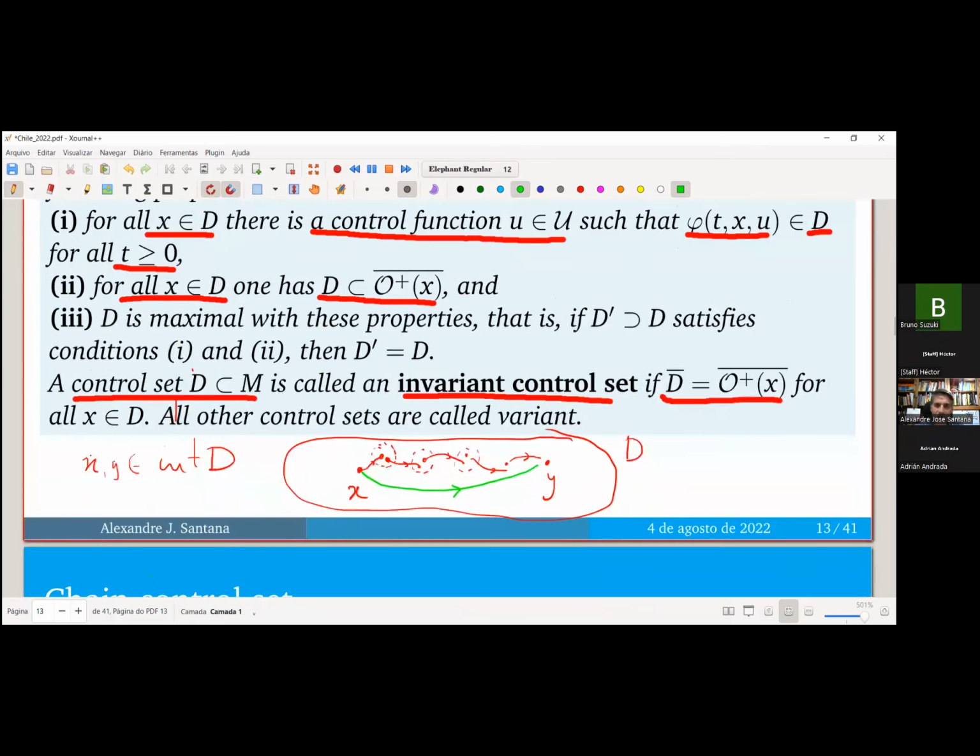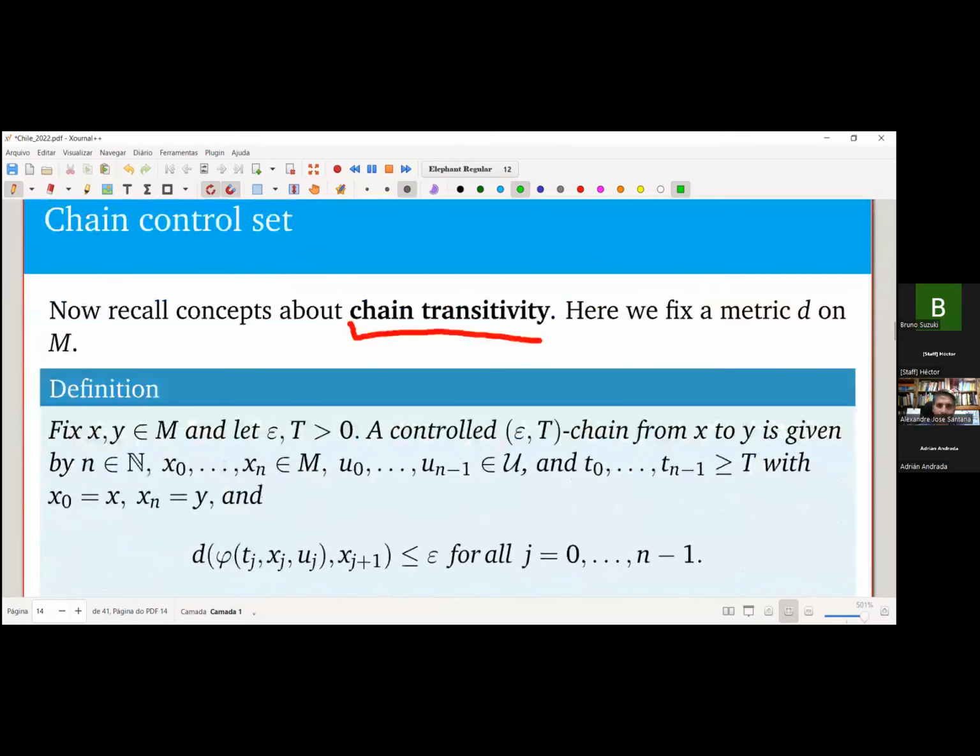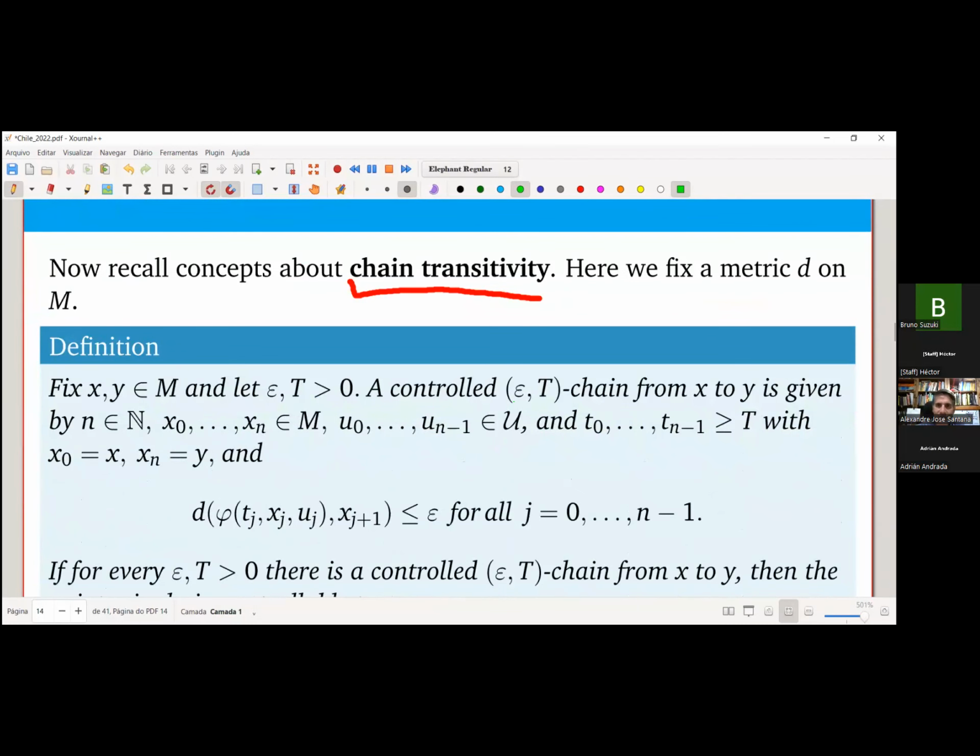To better define the chain control set, we first define what an (epsilon, T)-chain from x to y means. This chain is given by n, a natural number, by elements x_i in M, control functions u_i in U, and positive times t_i greater than capital T, such that the first element x_0 is equal to this fixed x, and the last element x_n is equal to this fixed y.